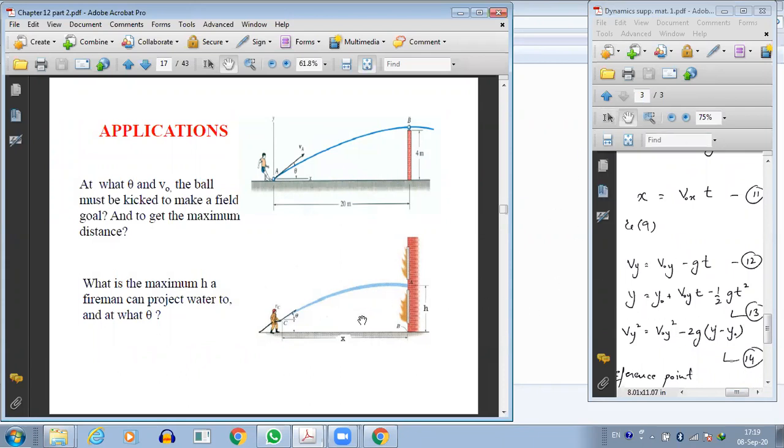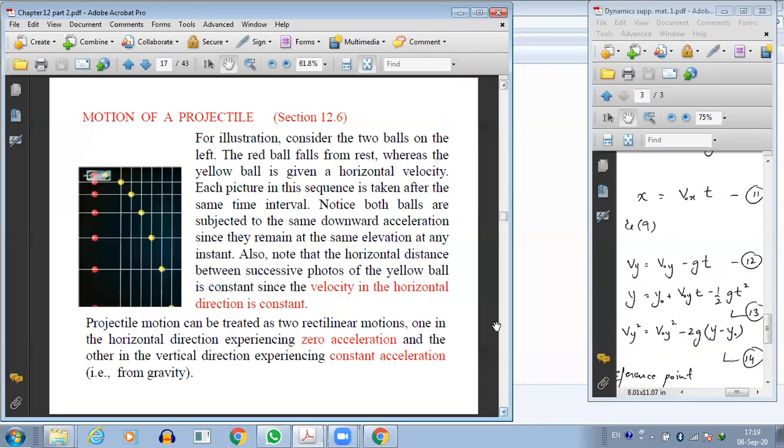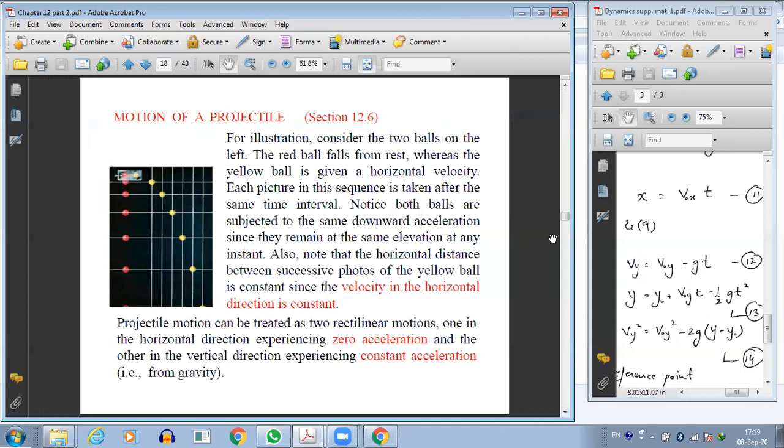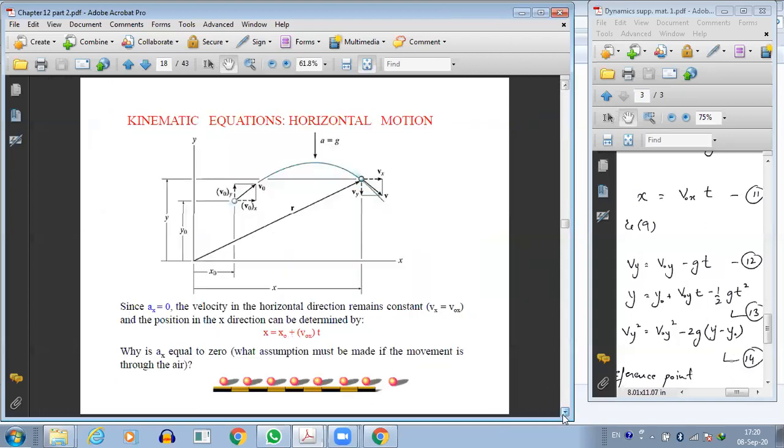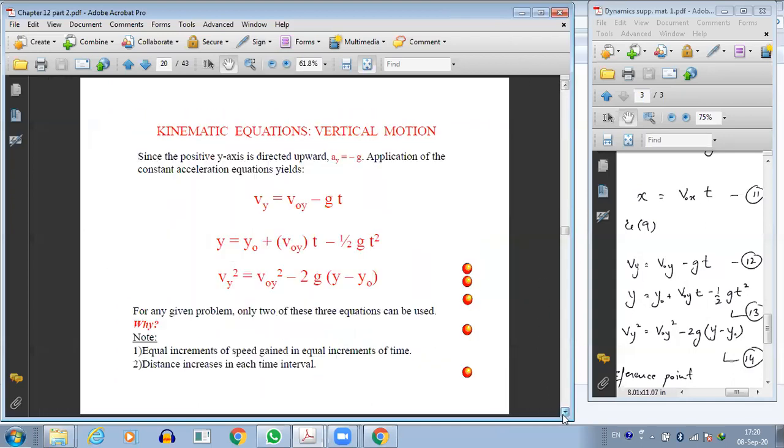I need this page here. This is all the description written. I don't need to go through these descriptions with you. I have already explained everything needed.